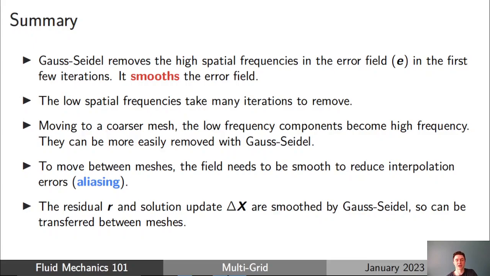And of course, because we have a coarser mesh, those iterations are going to be faster to perform. And a key point of moving between meshes is that the field that's being moved between meshes needs to be smooth to reduce interpolation errors. This is formally called aliasing. And it's the residual vector and the solution update that are smoothed by Gauss-Seidel, not the solution itself, and that's why those quantities can be easily transferred between meshes in the multigrid method.